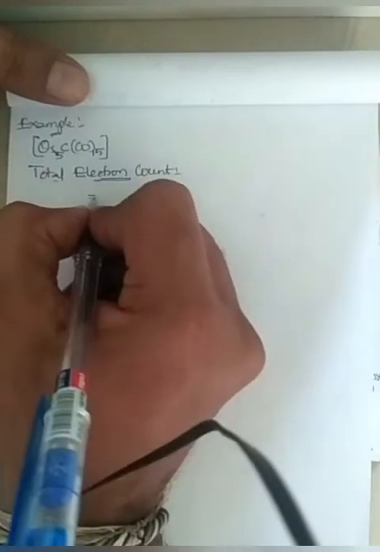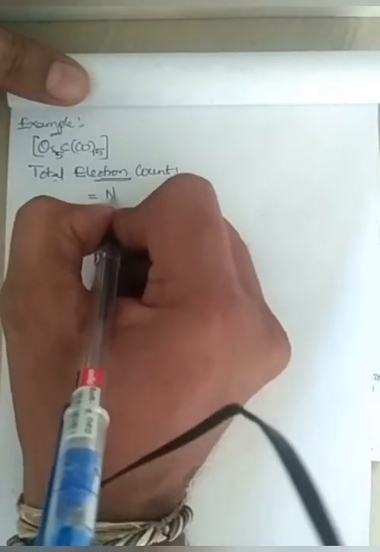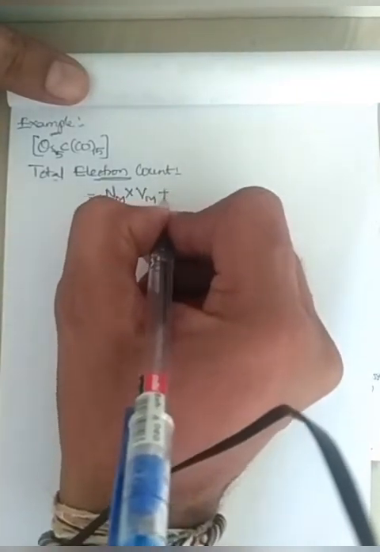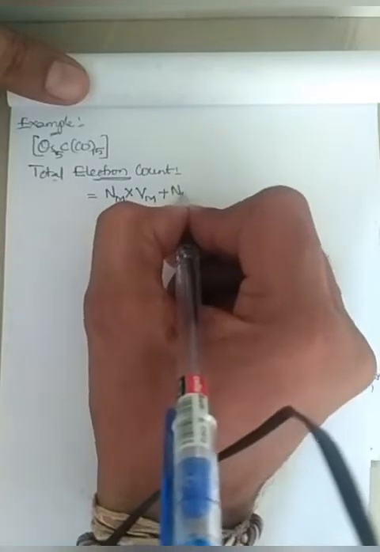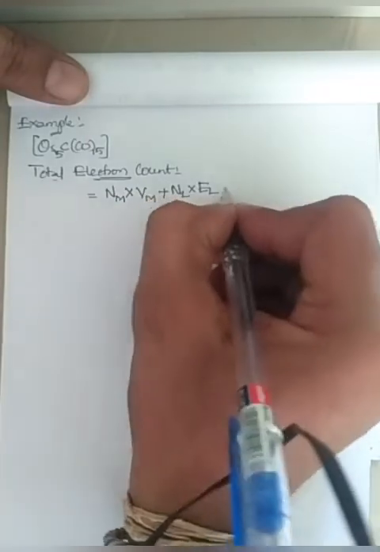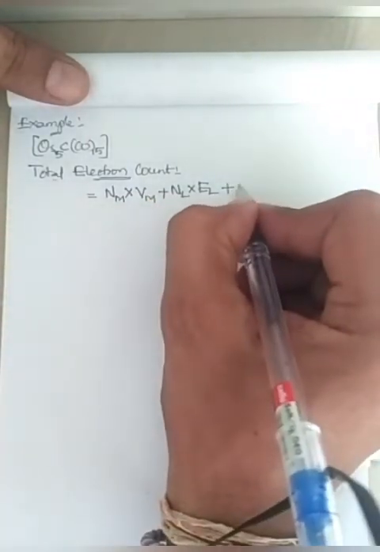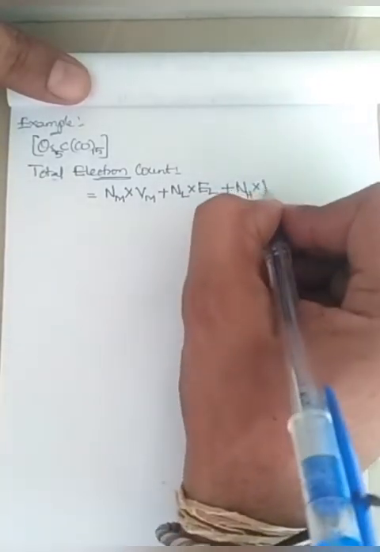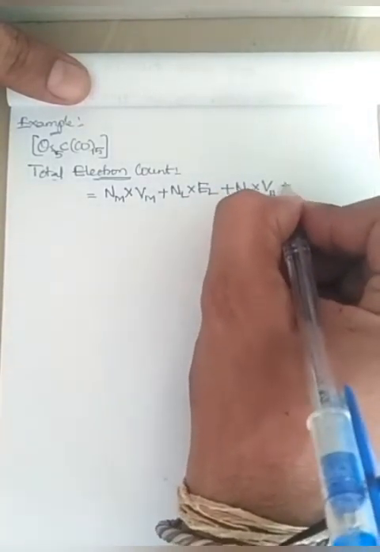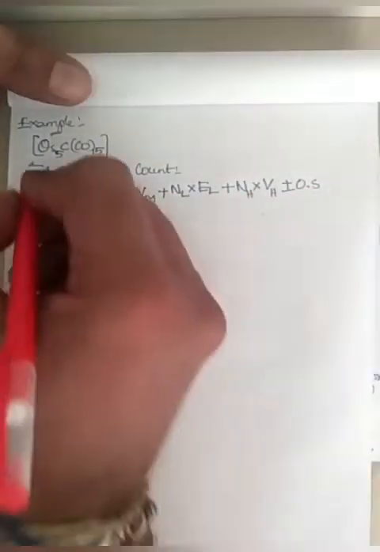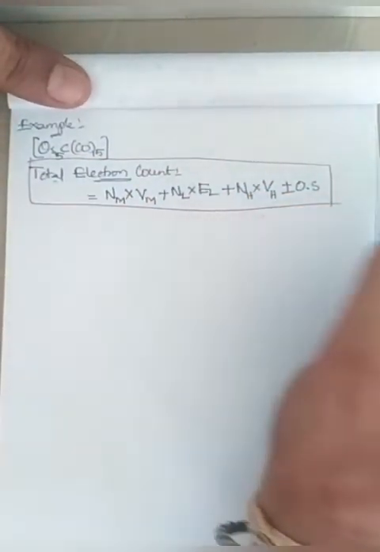Initially, the total electron count is equal to number of metal atoms into valency of metal atom, plus number of ligands into ligand donated electrons, plus number of heteroatoms into valency of heteroatoms, plus or minus oxidation state. This would be the formula for the total electron count.